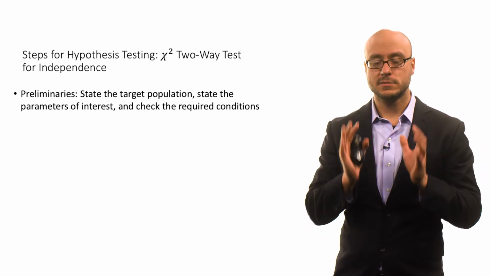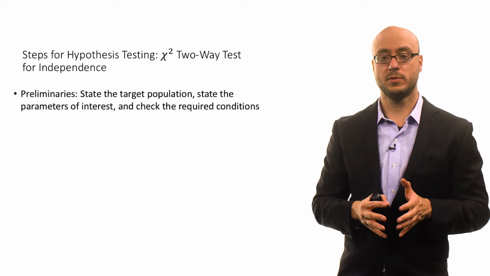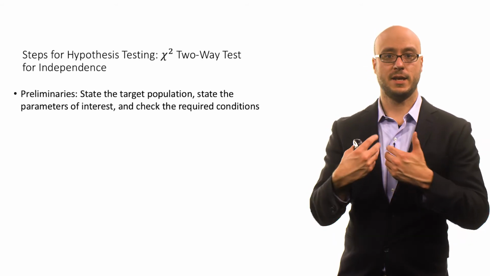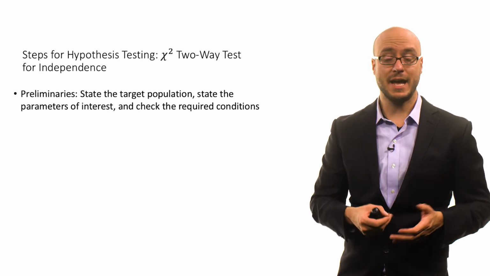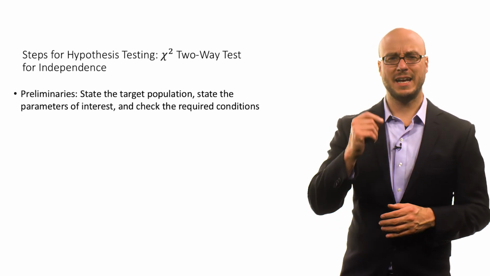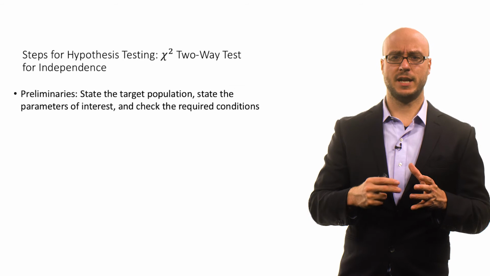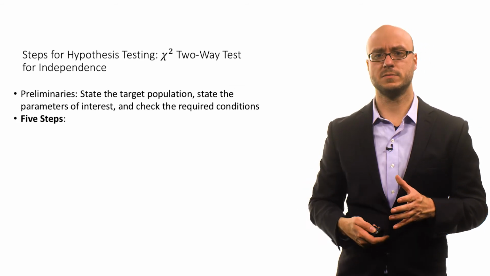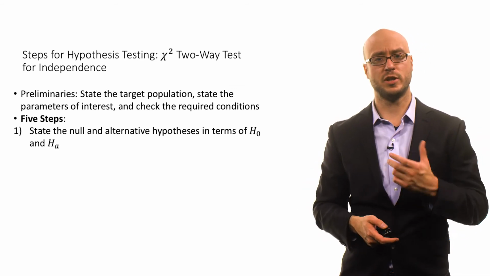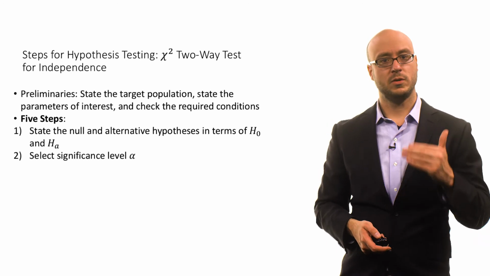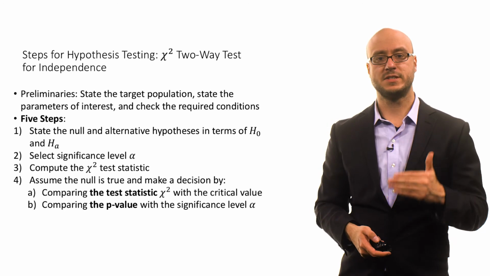But since we have a random sample, what we observe in the sample could be due to random sampling variability. So we want to make an inference. Given the sample of data, what can we say about the population in terms of the relationship between these two variables? Are they related or not? It's a similar sort of process. We have the 5 steps.